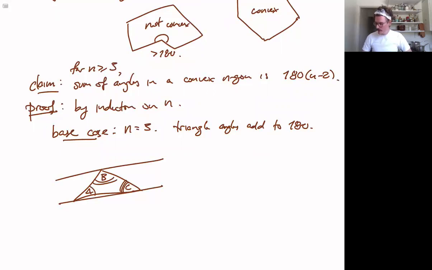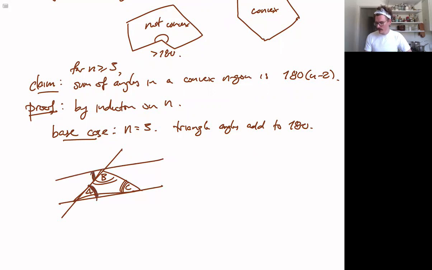If you remember some basic facts from planar geometry, if you have 2 parallel lines like these, and a line going through them, then the opposite angles are equal.